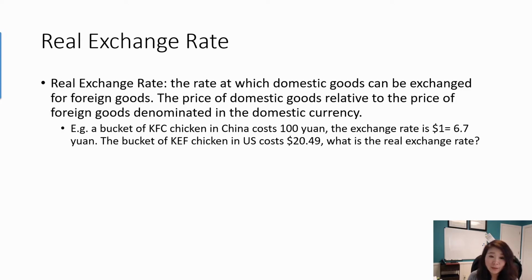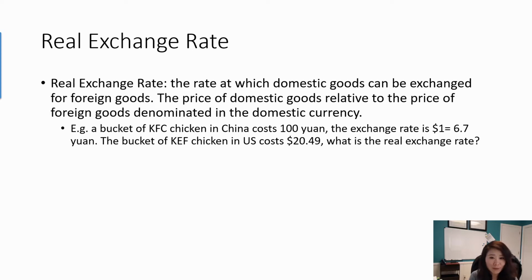So why do we need to learn the real exchange rate? Because we're going to use it to reinterpret the purchasing power parity. Think about it: if the purchasing power parity, PPP, theory holds, what does that mean? It means the real exchange rate should equal 1. Because PPP says the price of goods in the United States should equal the price of the same foreign goods converted back to US dollars.